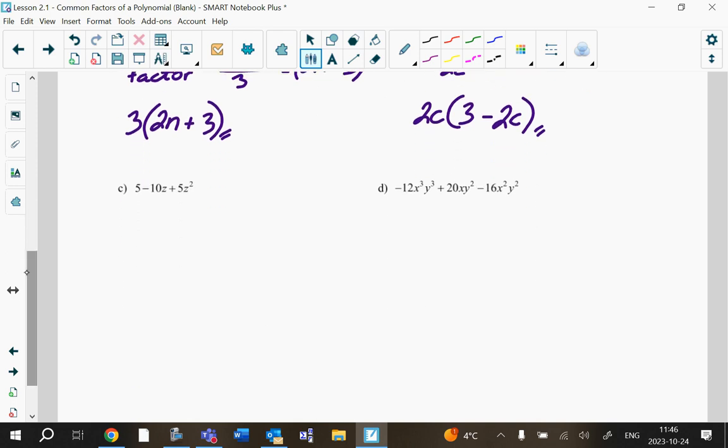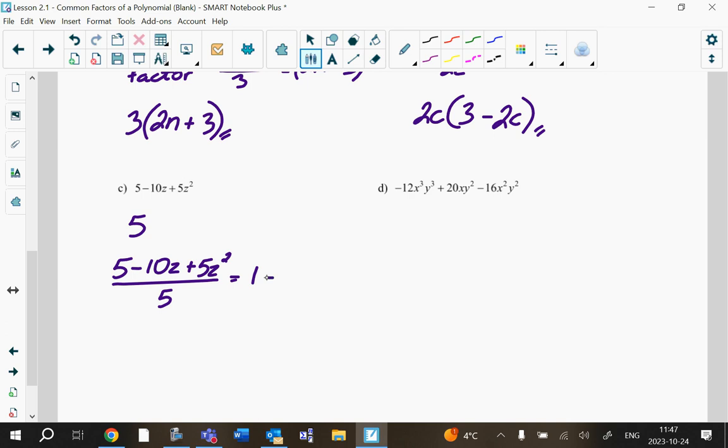Here we've got 3 terms, otherwise known as a trinomial. What's the GCF of all 3? Just 5. I can't take any z's because there's not a z in the first term. How do I find the other factor? Well, I got to do 3 divisions. Be careful here. 5 divide 5. Whoa. 1. 5 minus 5 is nothing.